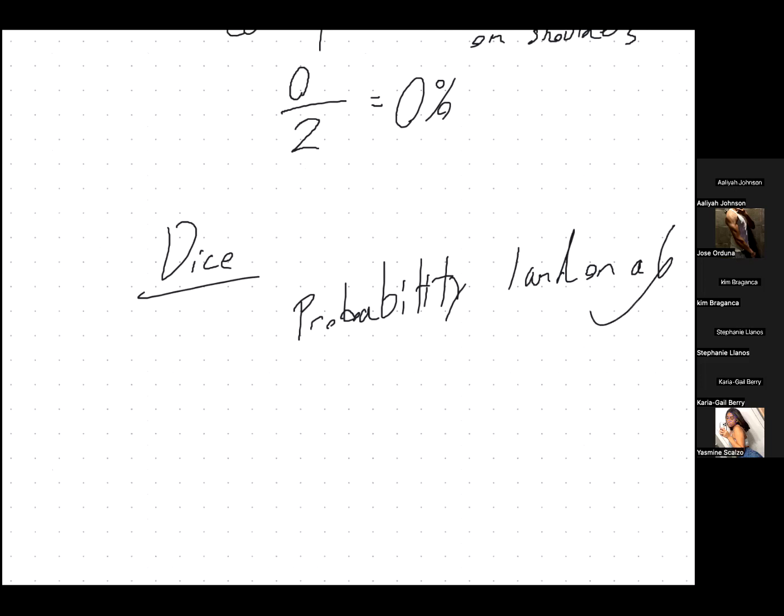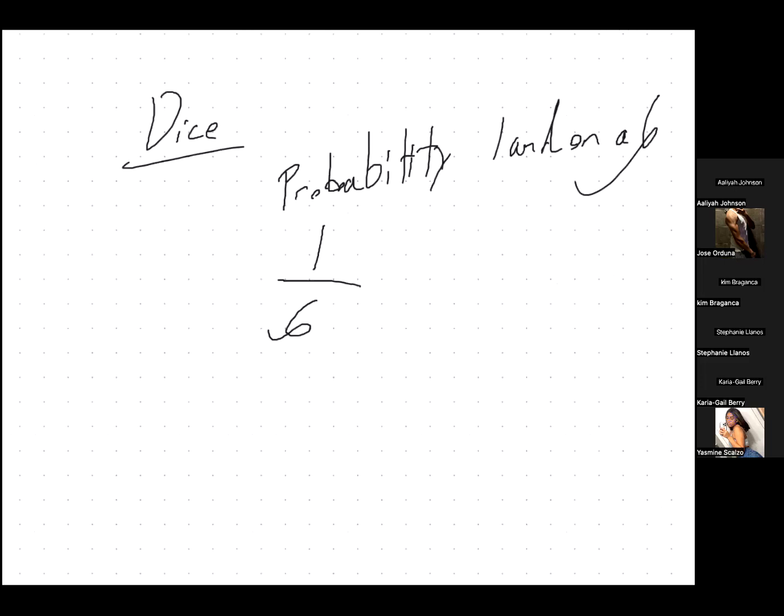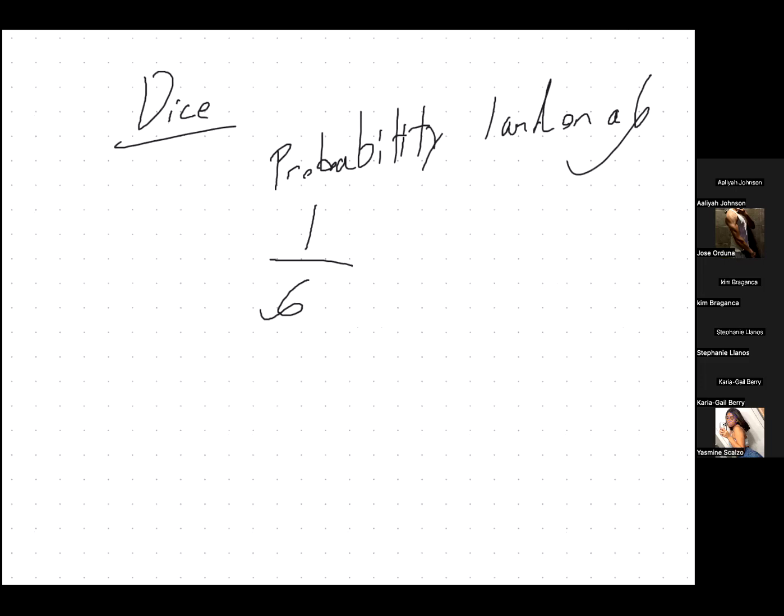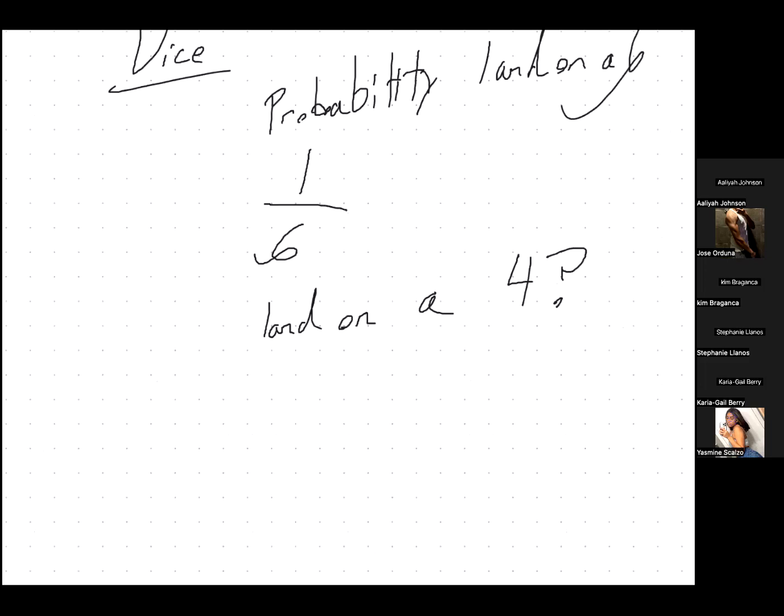Well, there are 6 total sides, and there is one side with a 6, so it would be a 1/6. So here's my question for you now, the problem for you to work out. What is the probability the dice will land on a 4? Now I want you to tell me that.